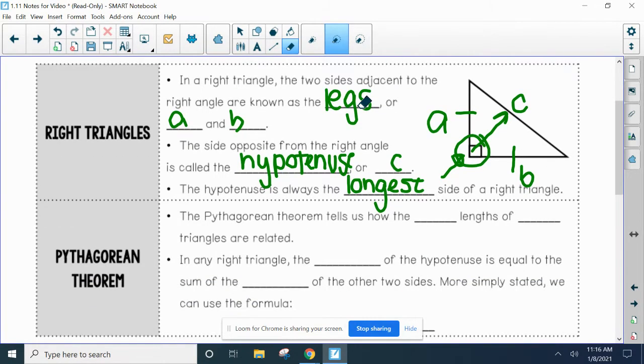All right, so then the Pythagorean theorem tells us how the side lengths of right triangles are related. In any right triangle, the square, and if you don't remember from back in quarter one when we talked about squares, a square is a number times itself.